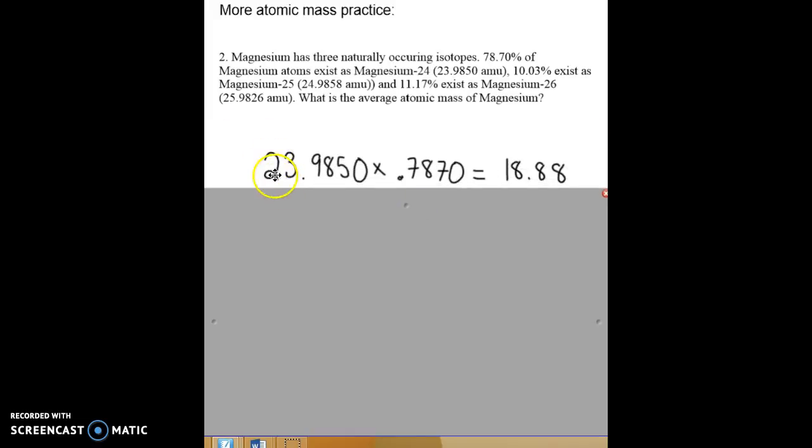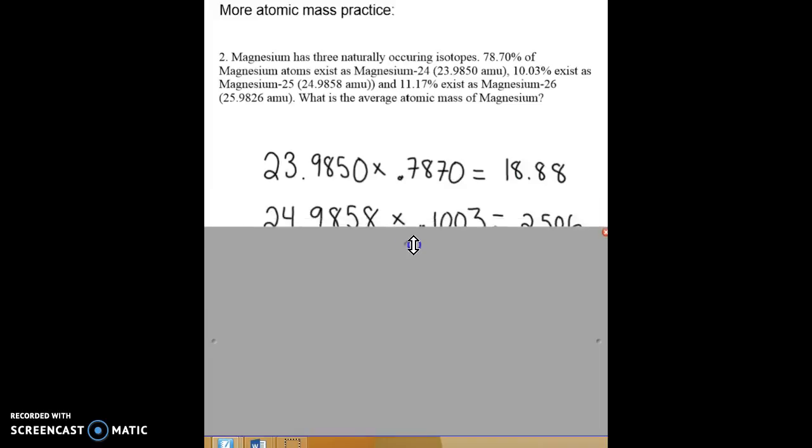So I take my atomic mass of my first isotope, 23.9850, and I multiply it by my percent abundance that I've changed to a decimal. 78.70 is 0.7870, and I multiply those two numbers, and there's what I get. I do the same thing for the next two isotopes. There's that one.